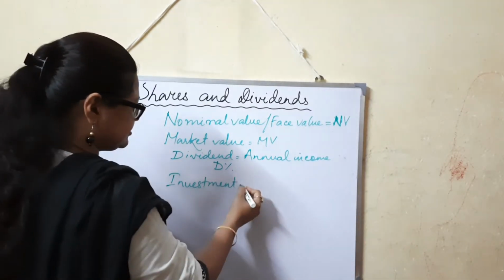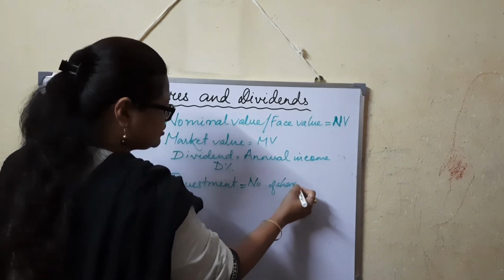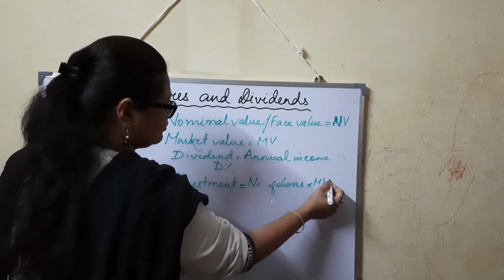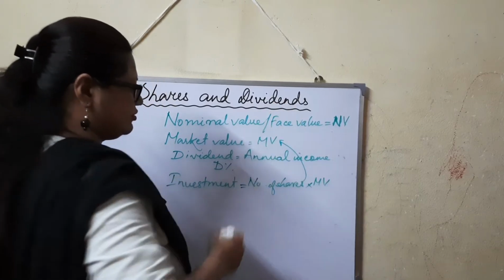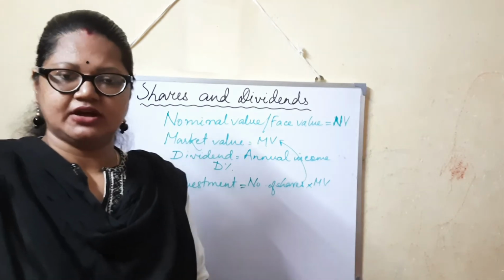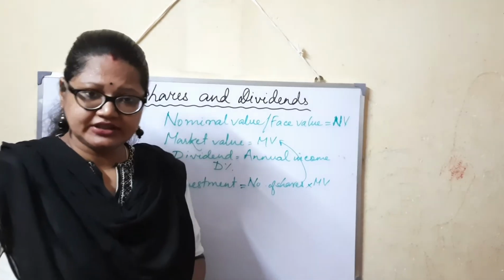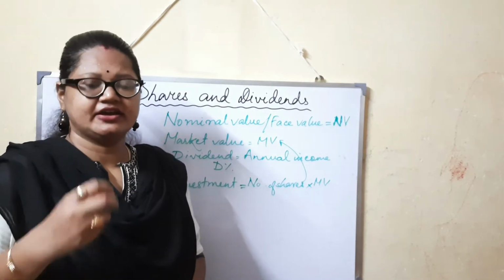Investment is the number of shares bought into the market value. So investment is always dependent on the market value of a particular share, because these shares are sold in the market at their market value.